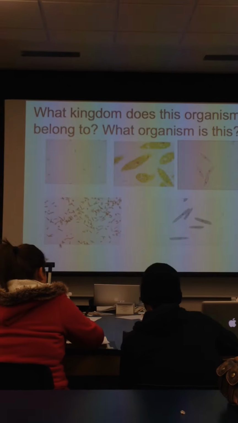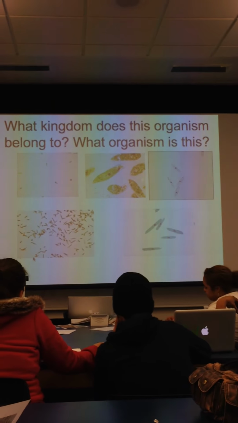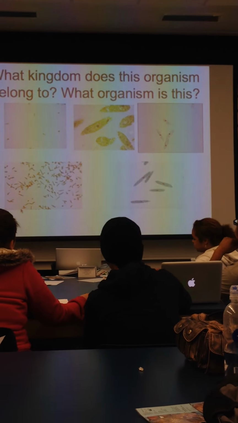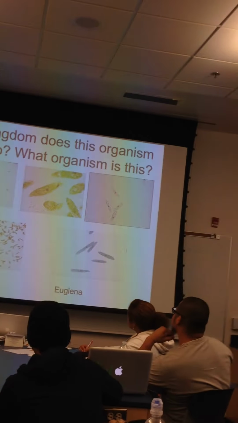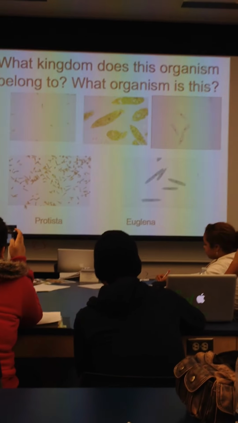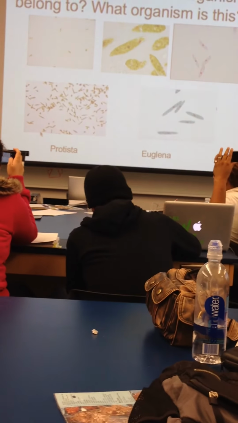Okay. So, what organism is this and what kingdom does it belong to? It's Euglena. Yes. Okay. So, we looked at two different preparations of Euglena, guys. Remember, we looked at the living, which are these three down here.